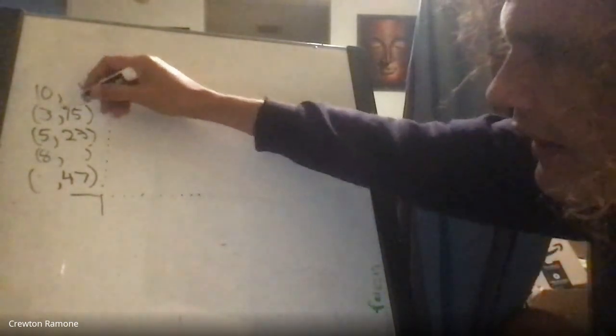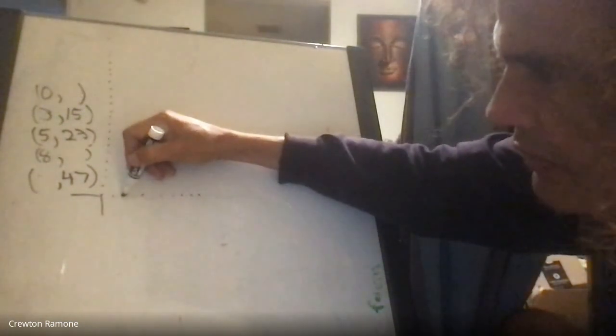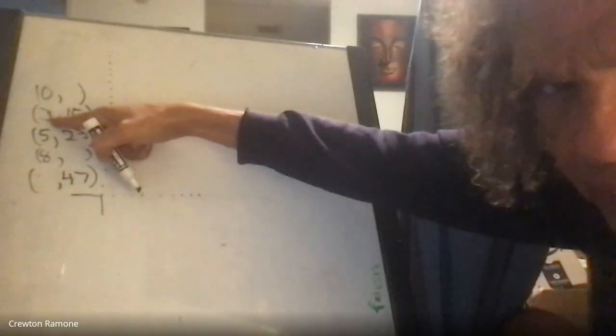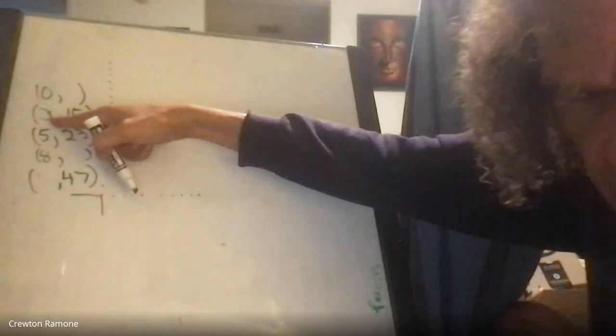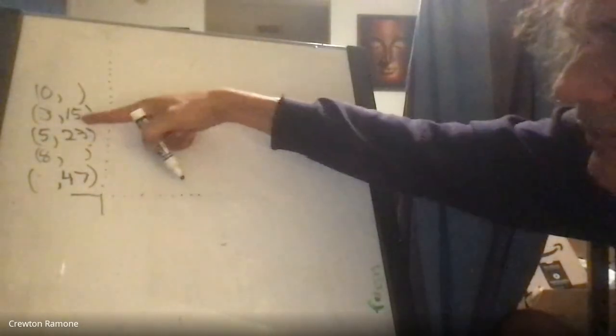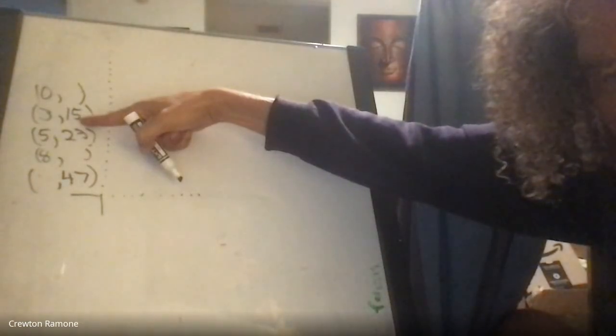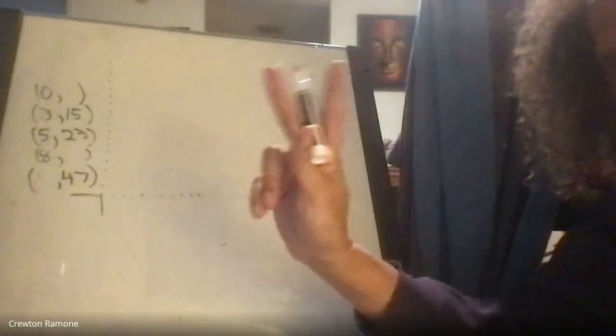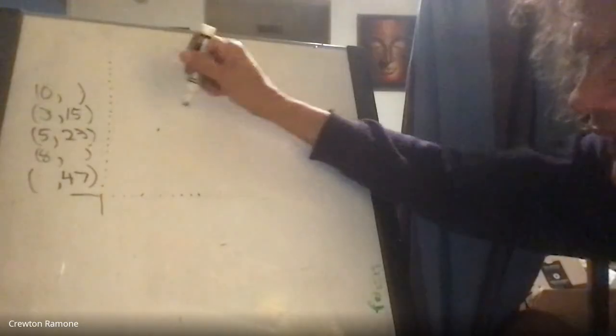So let's see here. We're going to start at, we go over 1, 2, 3. What does that say? 3. Vivian, you're not looking. Vivian, that's 3. Okay, so that tells me what X is, over 3. Then what does that tell me? Oh, Y, which is way up here at 15. You need 2 pieces of information to figure out where I am. Because if I just say 3, 3 doesn't tell me anything.